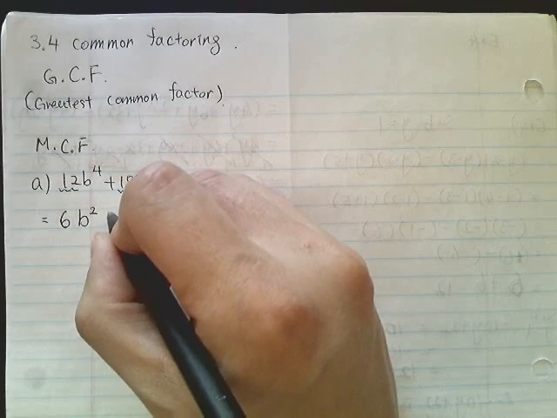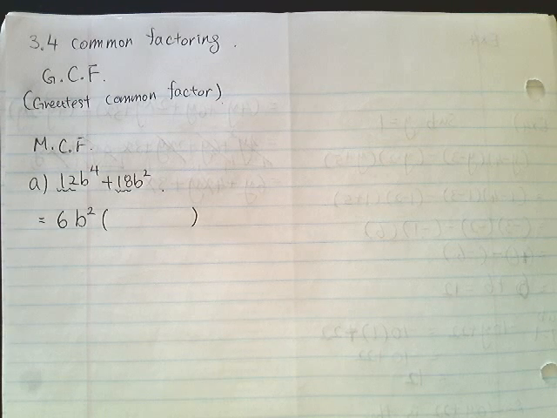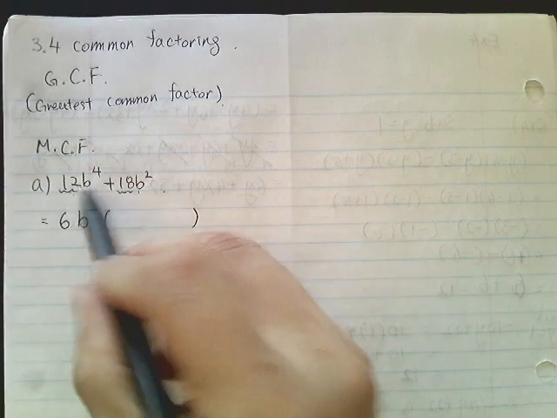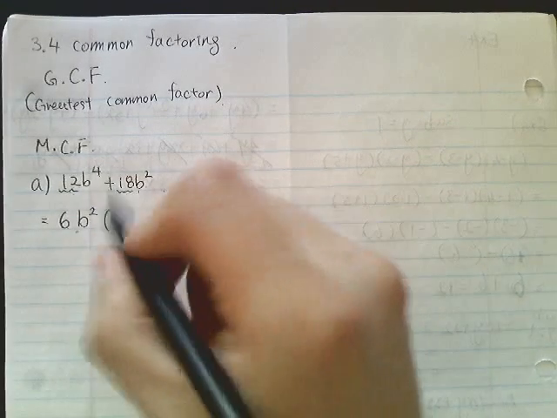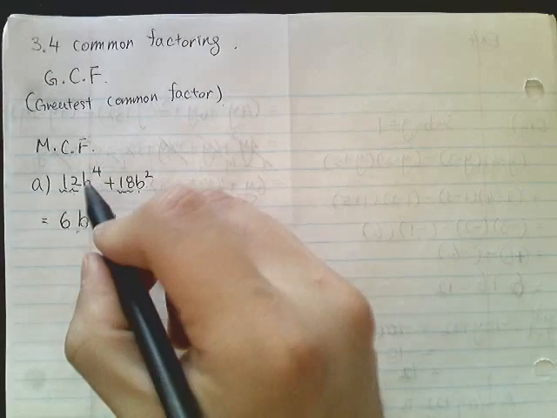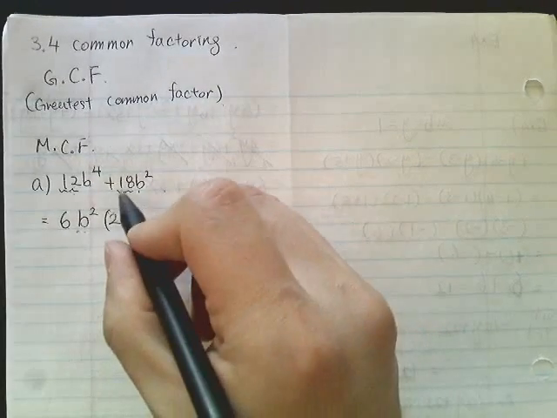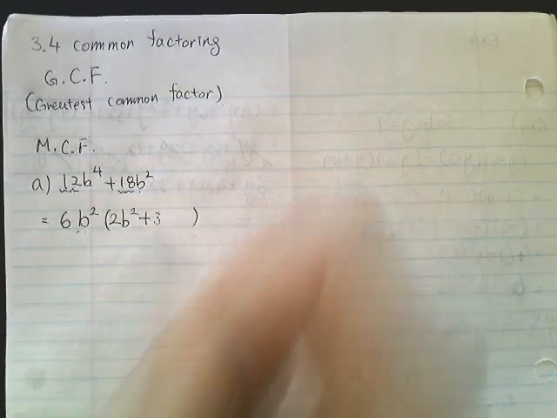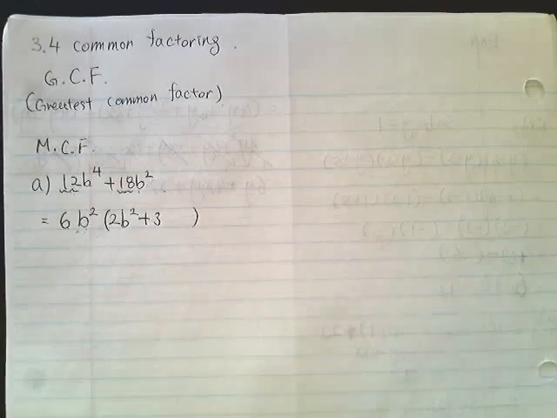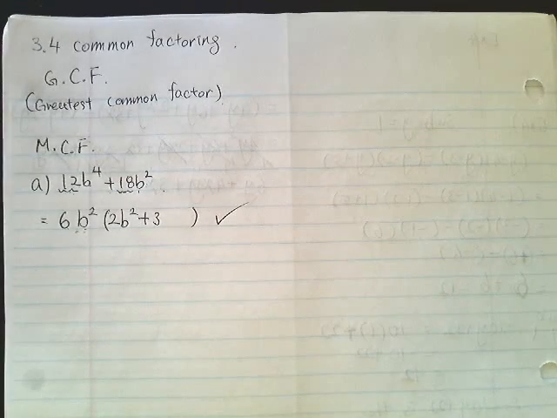So then all we have to do is put the brackets once you find the greatest common factor, and divide each term by the greatest common factor. 12 divided by 6 is 2. b to the power of 4 divided by b squared is b squared. Positive 18 divided by 6 is positive 3. And then b squared divided by b squared is just 1, so we don't have to write anything. So this is our product.